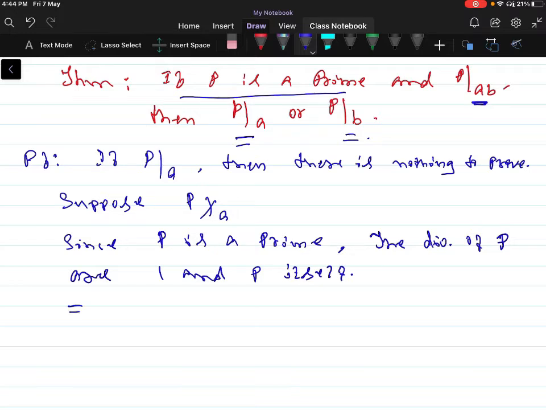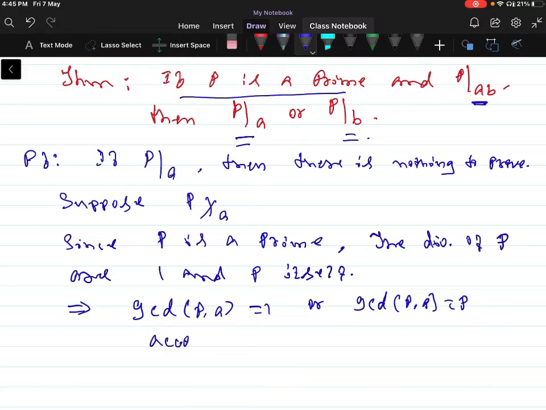So this implies that either GCD of p comma a is equal to 1 or GCD of p comma a is equal to p. So this is possible according as p does not divide a or p divides a.